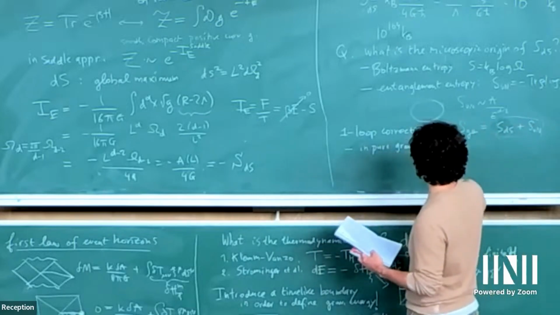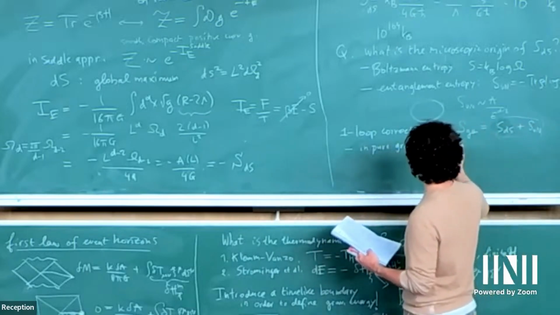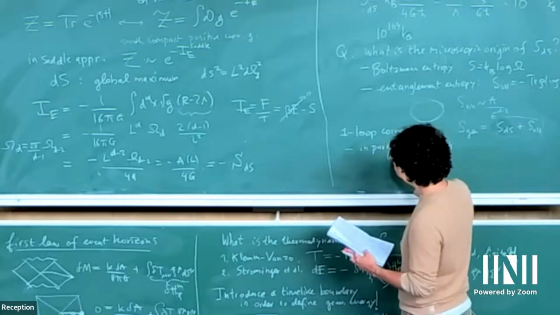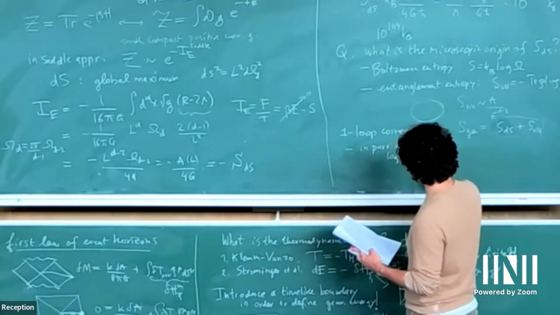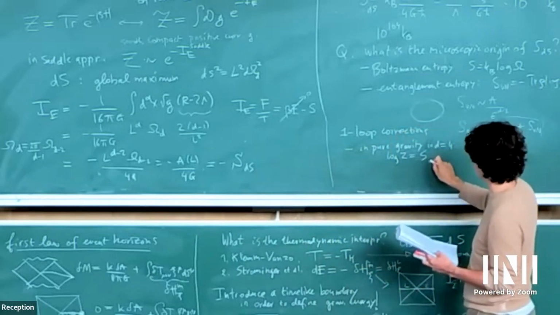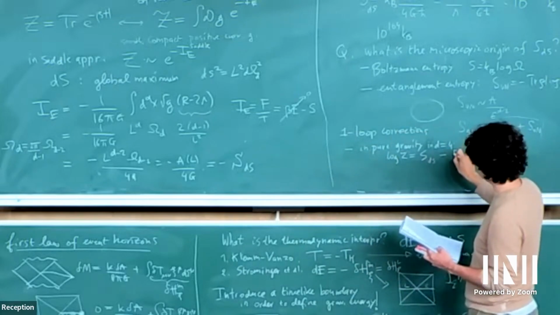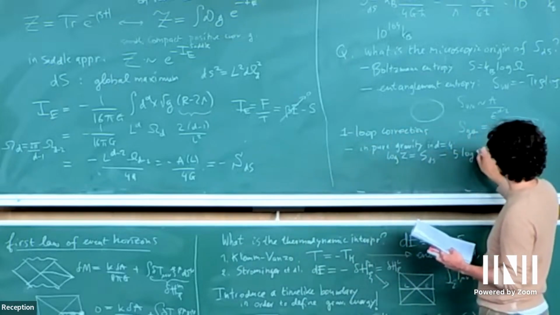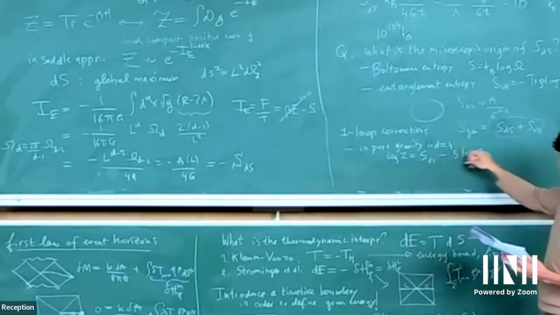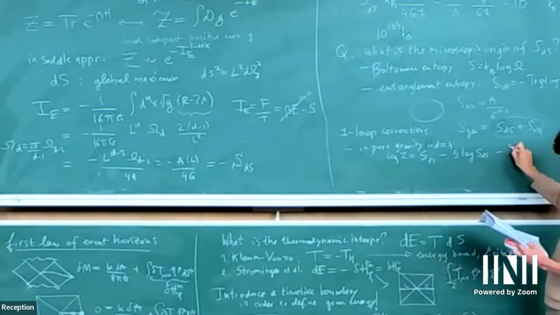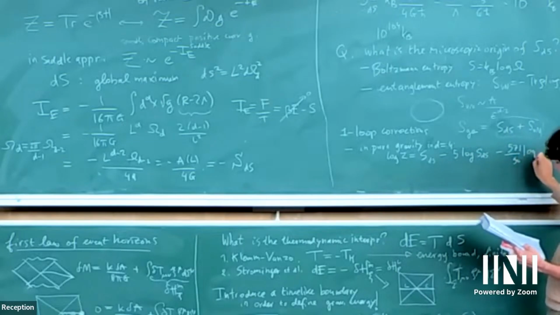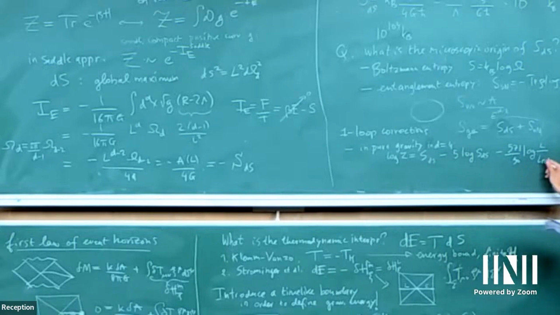So in pure gravity in 4 dimensions, you get log V is the leading piece, it's like entropy, but then you get minus 5 log. So this is a universal term, and then we get another log term that depends on the radius of the effective field theory.